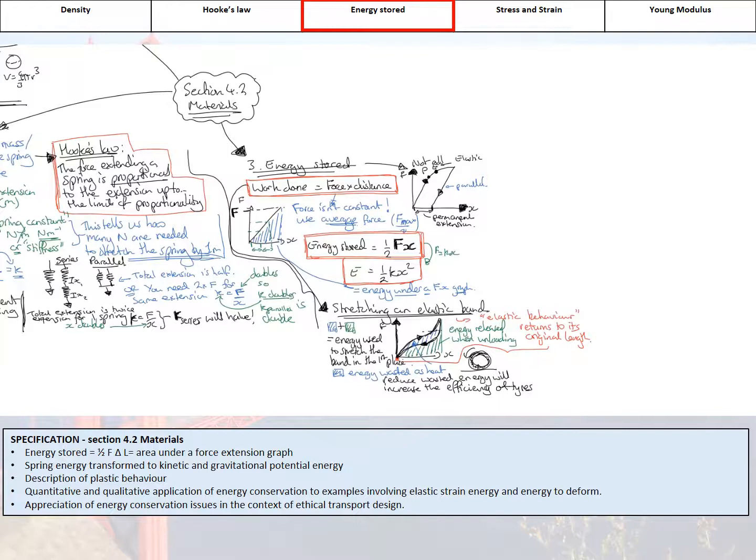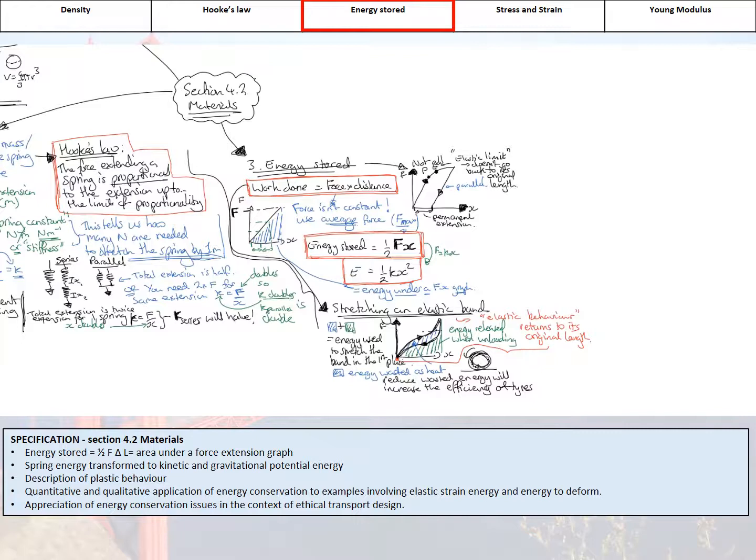So, elastic limit. And these are really, really often confused.